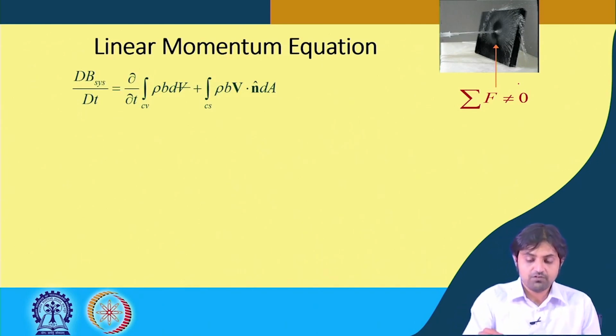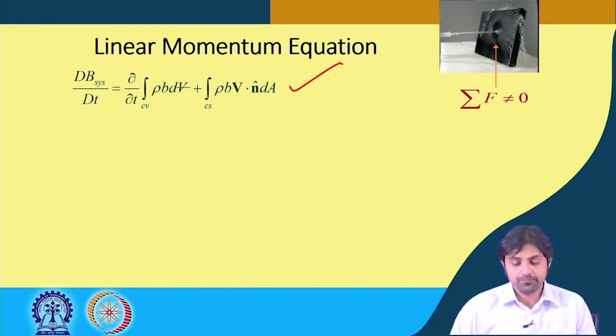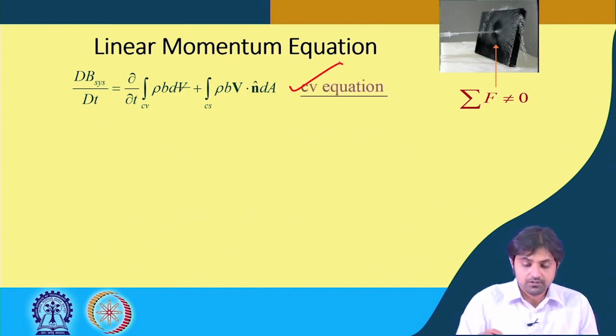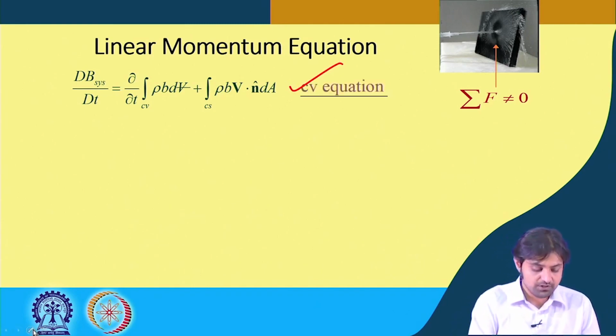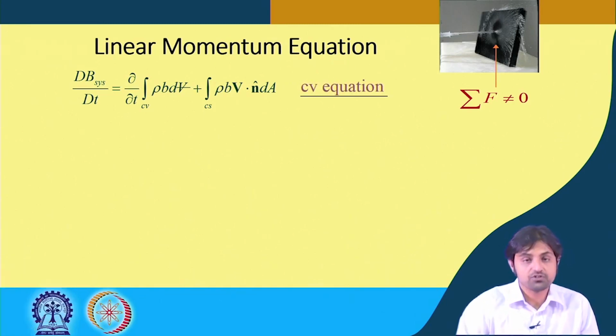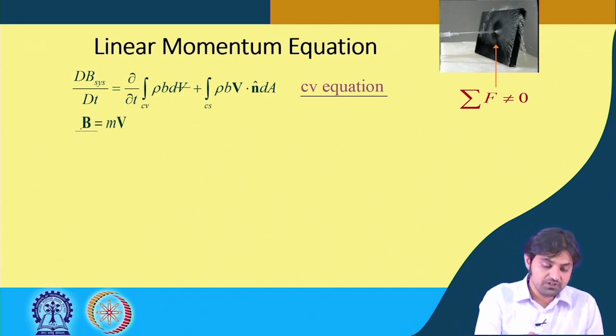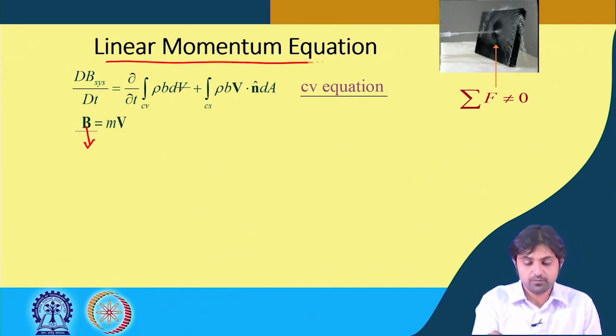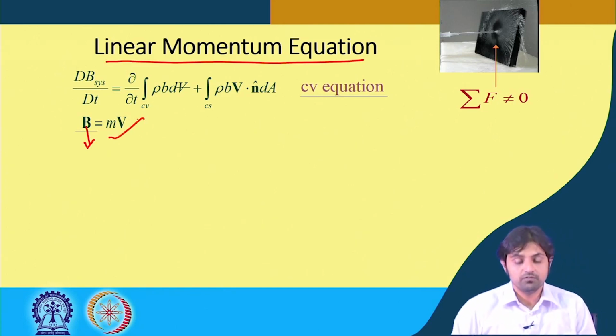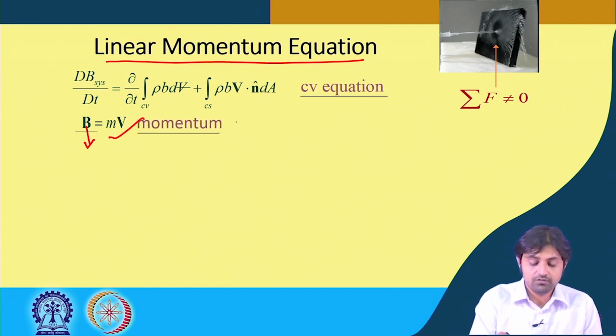So, coming back to our Reynolds transport equation, this is the control volume equation, as I told you, from the Reynolds transport theorem. When we want to derive the linear momentum equation, capital B should be mass into velocity, or called momentum.